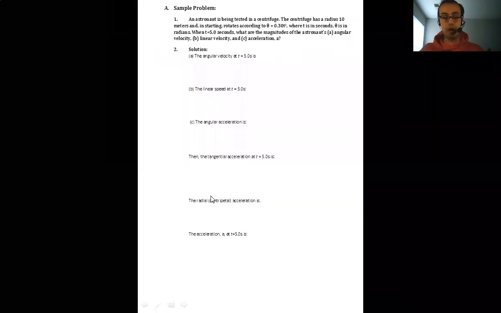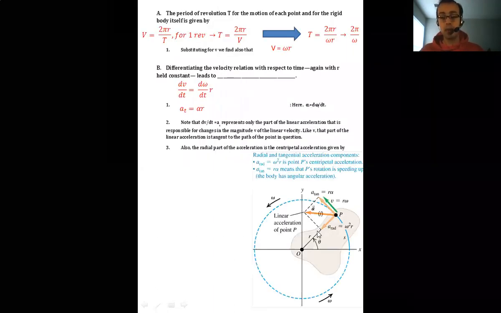So again, there's a very important distinction to be made between tangential acceleration, radial acceleration, and linear acceleration. And I really want to bang on this because everybody got this wrong on the last homework, almost without exception.